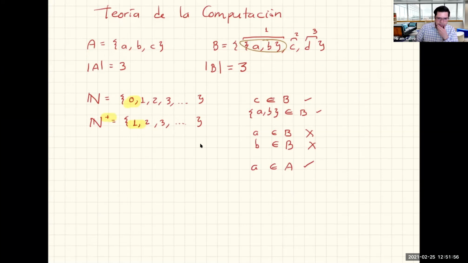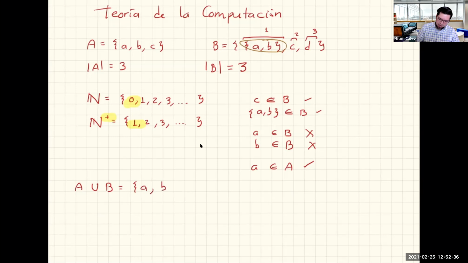Good. Then we have the union of two sets. For example, if I want to have the union of these previously defined sets A and B, I will denote by this symbol, which is like a U, a big U. And we will have all the elements that belong to either one set or the other set. Es decir, todos aquellos que pertenecen a un conjunto o que pertenecen al otro conjunto.